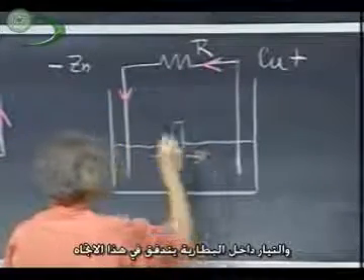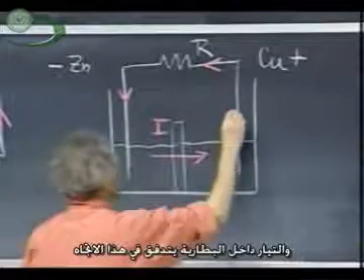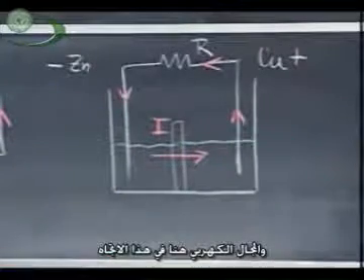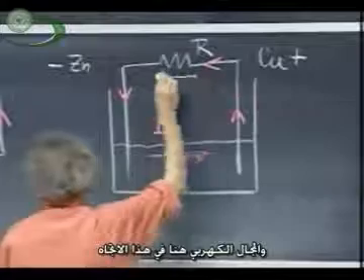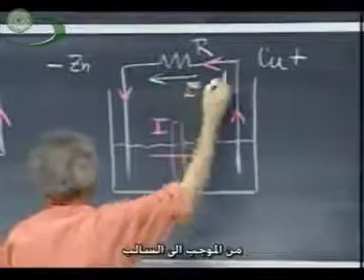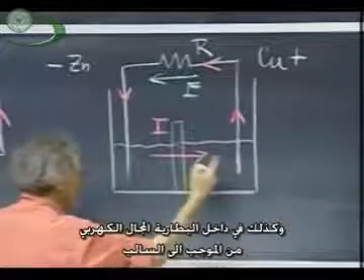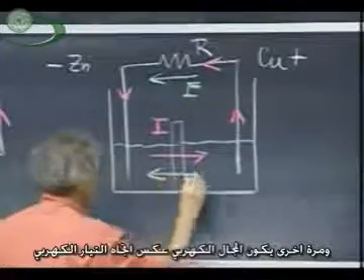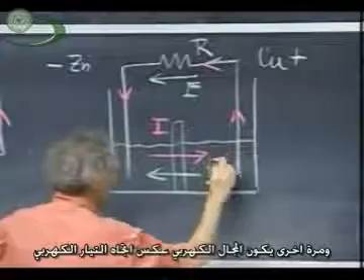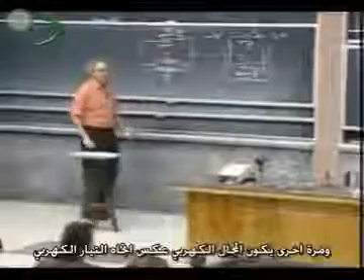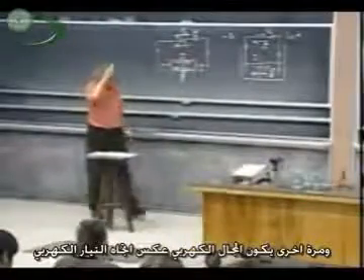That means inside the battery the current is flowing like this. And the electric field here is in this direction, from plus to minus, but also inside the battery the electric field must be from plus to minus. So you see again, as we saw here, that the electric field is in the opposite direction of the current.